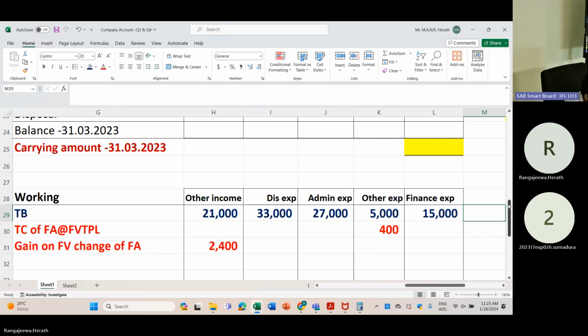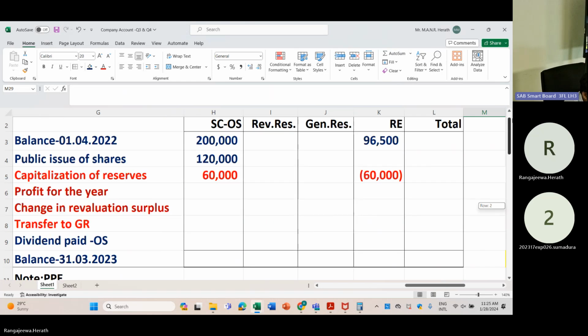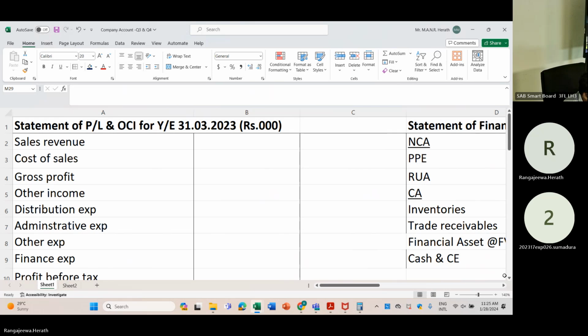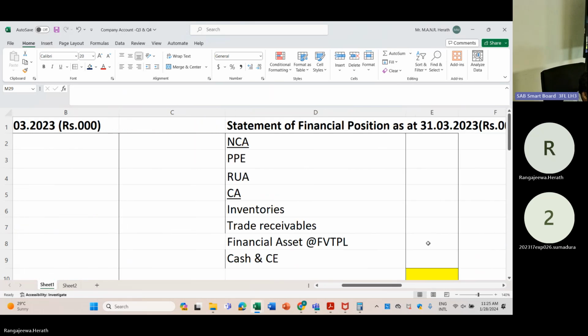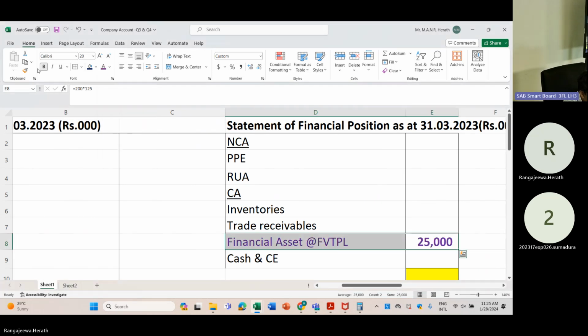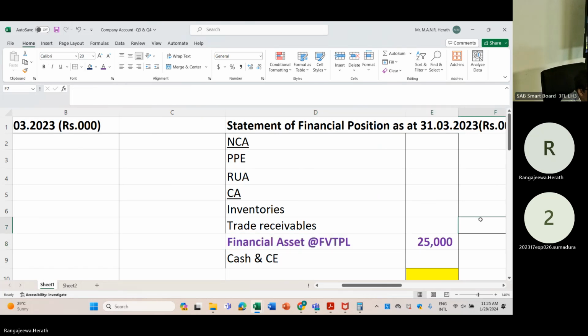Then this 25,000 closing balance, you can take in your statement of financial position, financial asset at fair value through OCI. Right. We adjust the balance sheet. 25,000 current asset balance.